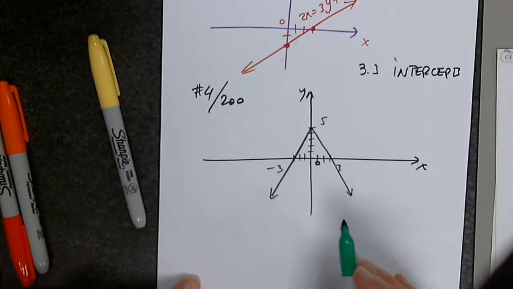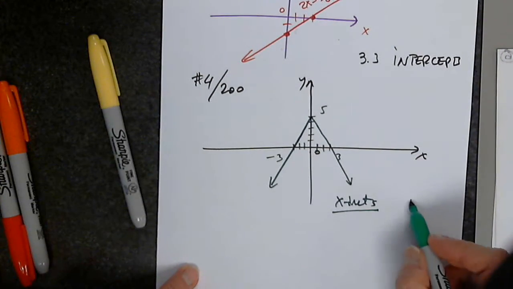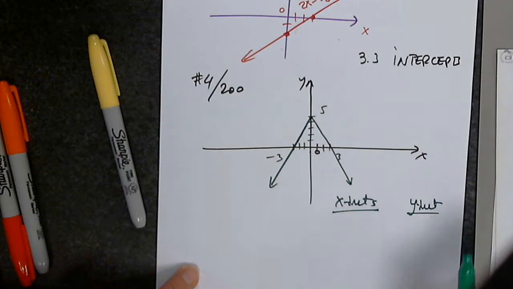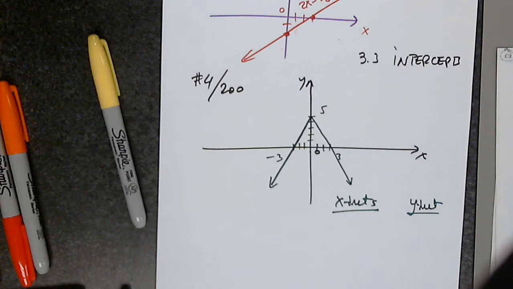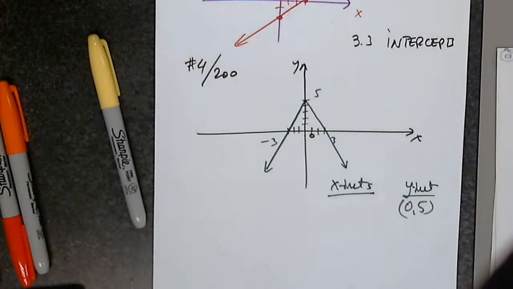We are here asked to find x-intercepts and then y-intercepts. Actually, y-intercept. Can anyone give us any of those two? Would the y-intercept be 0, 5? Awesome. Thank you. Indeed, the y-intercept is 0, 5. Perfect. What about the x-intercept?